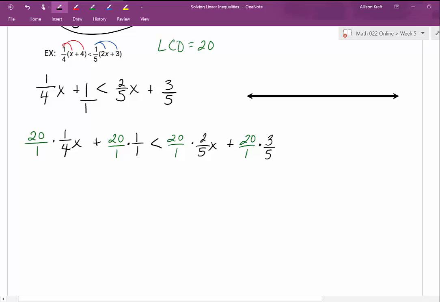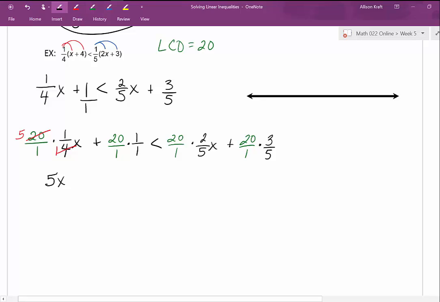The whole point of doing this is to eliminate our fraction, so we want to cancel those denominators out by simplifying. 4 goes into 20 5 times, 4 goes into 4 1 time. When I multiply straight across, I get 5x.